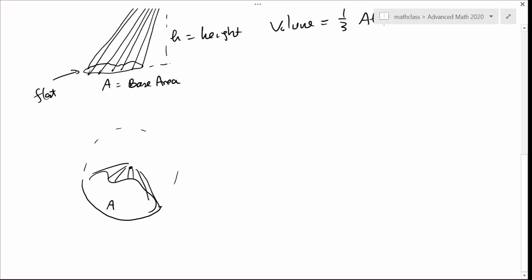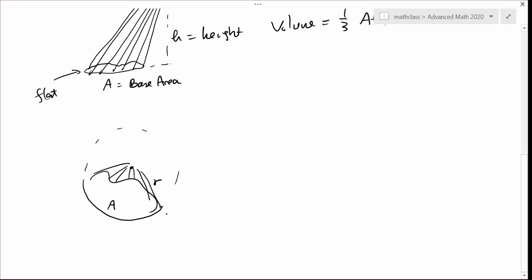The radius is R, so you can view the radius as the height of the cone. But this is a spherical base. If the area A is the surface area, then the volume is going to be 1/3 A times R.